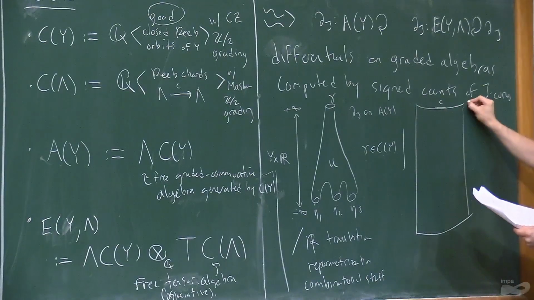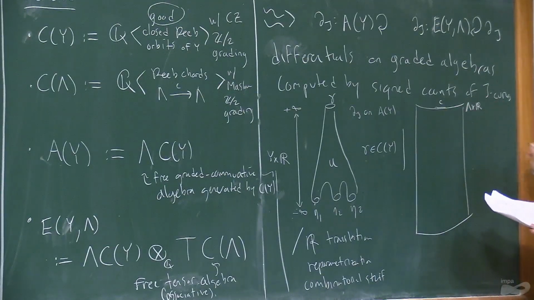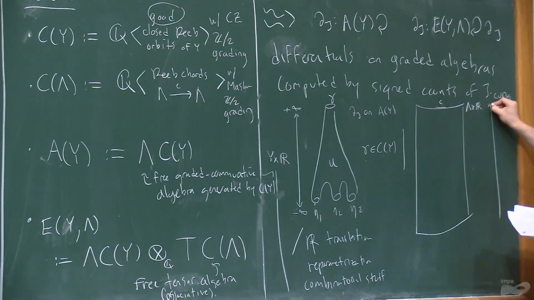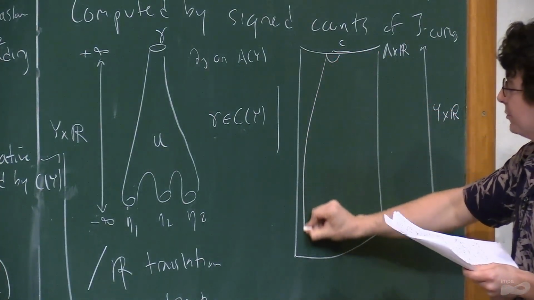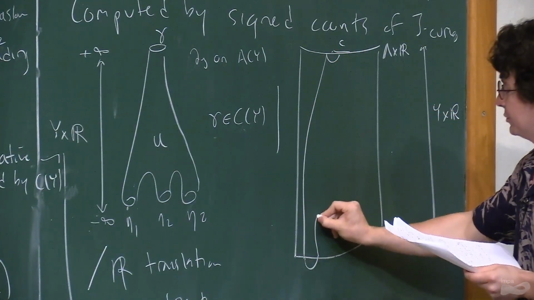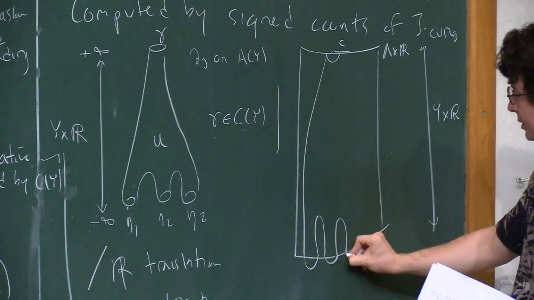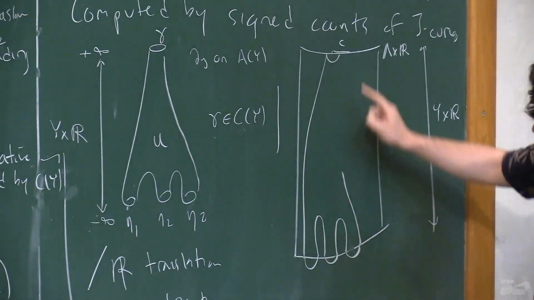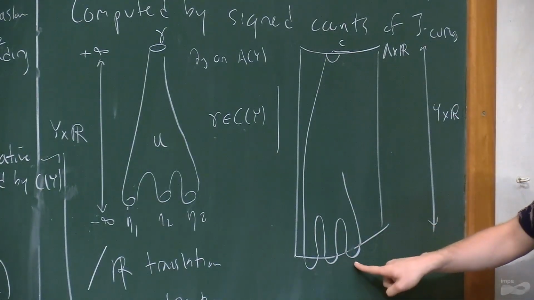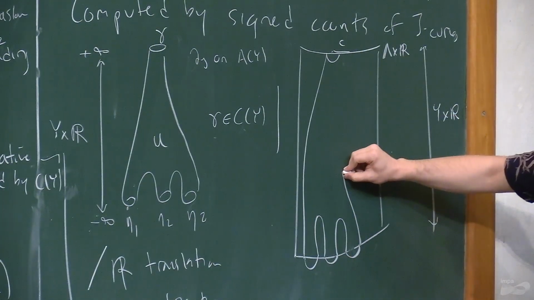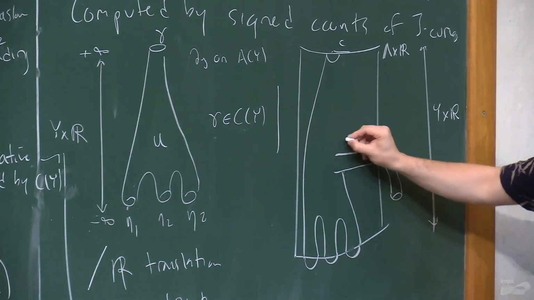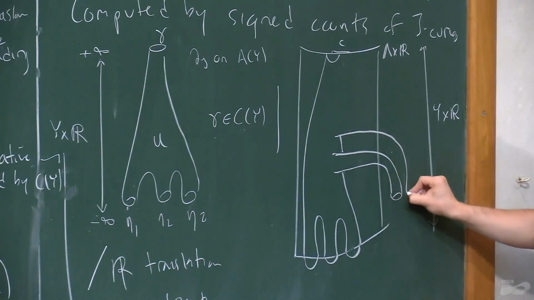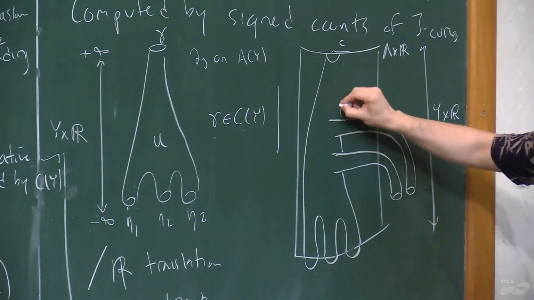So you take Legendrian cross R inside of y cross R, and you look at a similar picture, except now with boundaries: punctured disks with one input and some number of boundary outputs, and in addition a couple of potential orbit outputs.